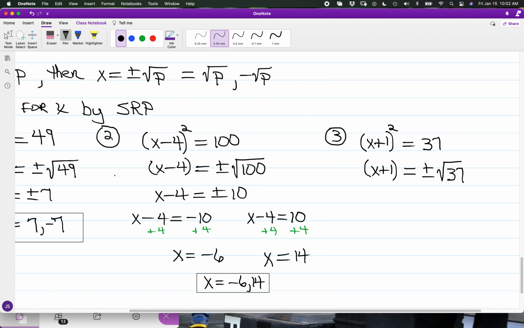Now, with what we had before, 49 was a perfect square number, 100 also a perfect square number, but 37 is a prime number, and there's no number times itself among the integers that will multiply into 37 by itself. And so for what we have in this layout, we have x plus 1 is equal to plus or minus the square root of 37.